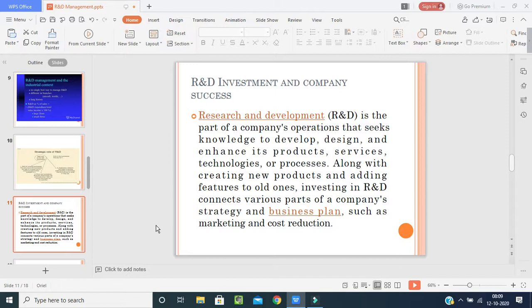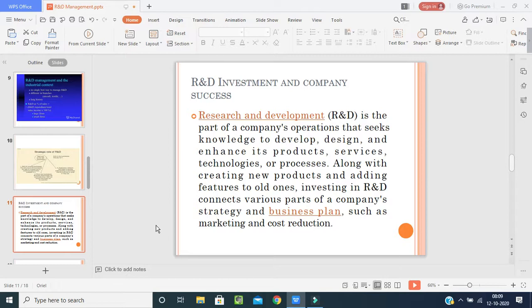Just have a look. R&D is a part of a company's operations that seeks knowledge to develop, design and enhance its products, services, technologies or processes. As mentioned clearly in very simple words, it is the company's operations seeking knowledge. Whatever operations are taking place in the company, like knowledge to develop, design, enhance its products, services, technologies, processes, all these things will operate.